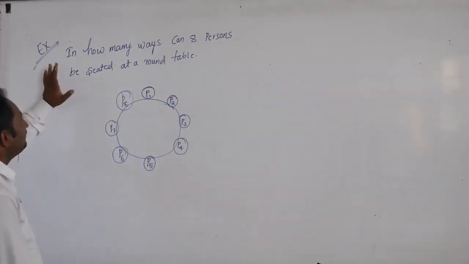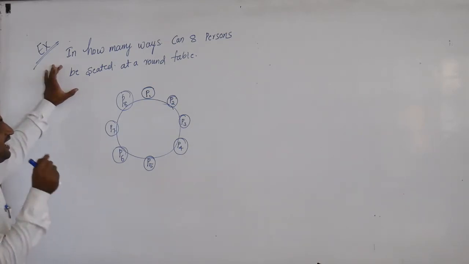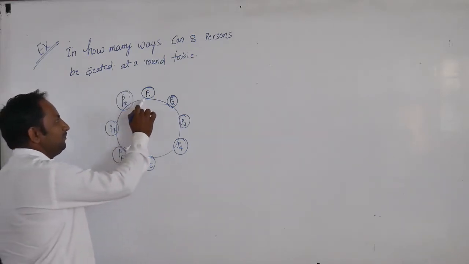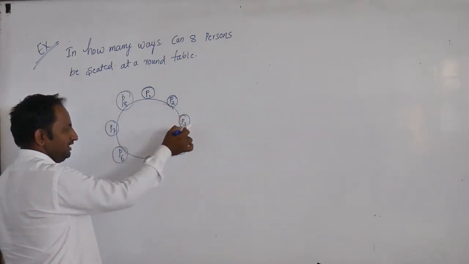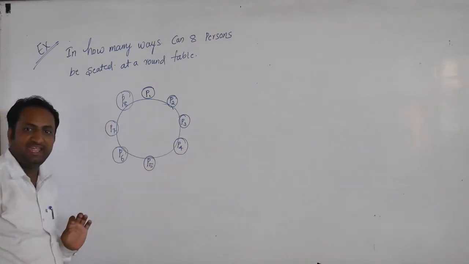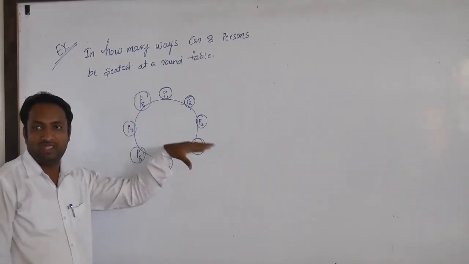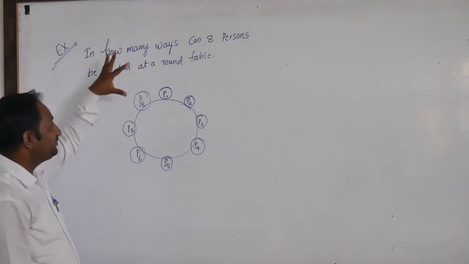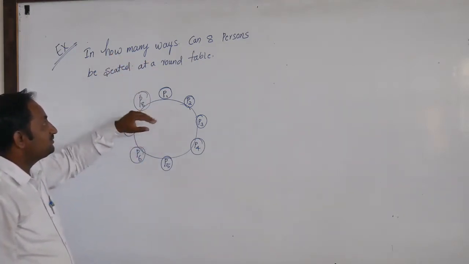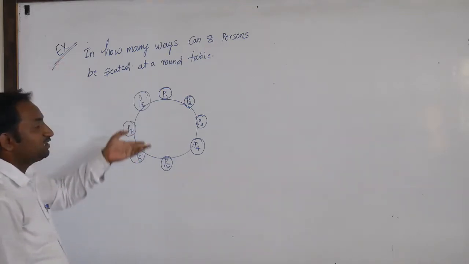In how many ways can 8 persons be seated at a round table? Consider P1, P2, P3, P4, P5, P6, P7 and P8. Consider the 8 persons arranged in one way. We can arrange 8 persons in one way. In the same concept, the question is in how many ways we can arrange 8 persons at a round table.